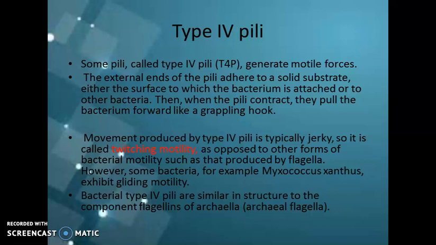Also there are some bacteria, for example Myxococcus xanthus, that exhibit gliding motility, which is also quite different from twitching motility. Then bacterial type IV pili are similar in structure to the flagellins of Archaea, a type of flagella present in archaebacteria. So they show resemblance to bacterial type IV pili.